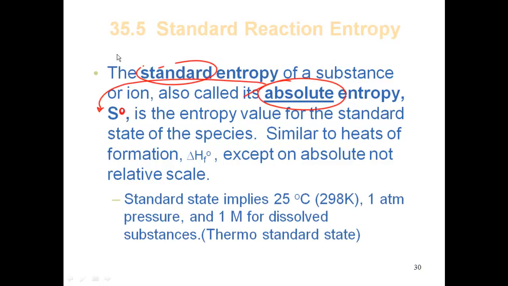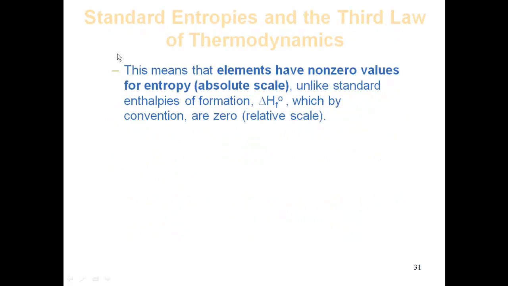That little superscript means standard state, which implies 25 degrees C, 1 atmosphere pressure, and 1 molarity for dissolved substances. As I just mentioned, the elements have non-zero values for entropy because it's an absolute scale, unlike the standard enthalpies of formation, which by convention are 0 because it's a relative scale.